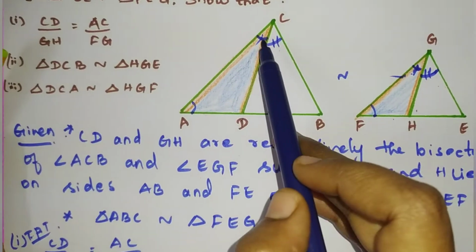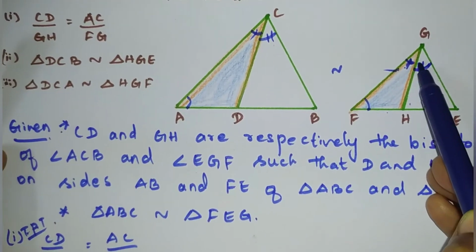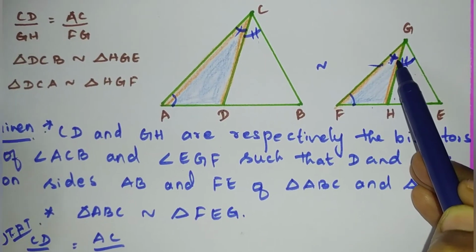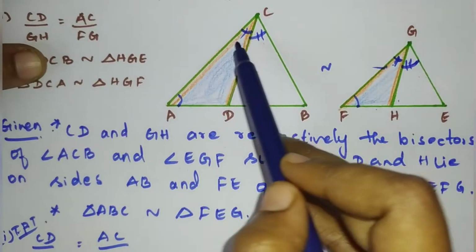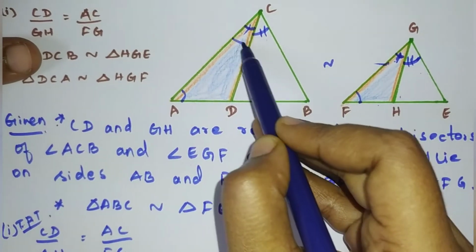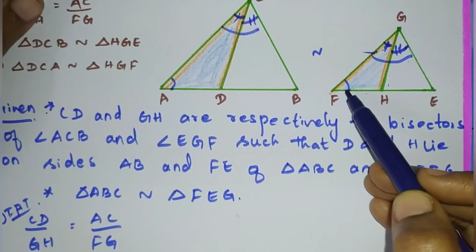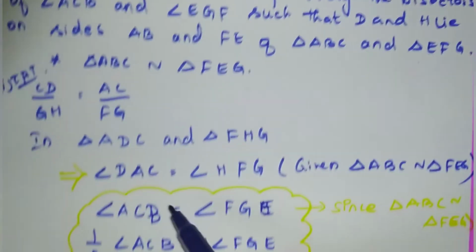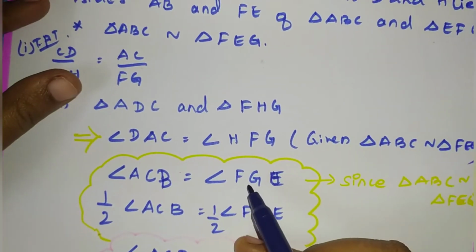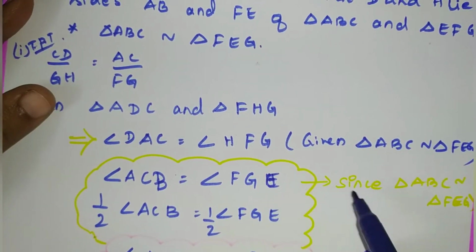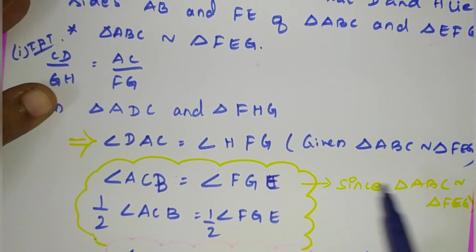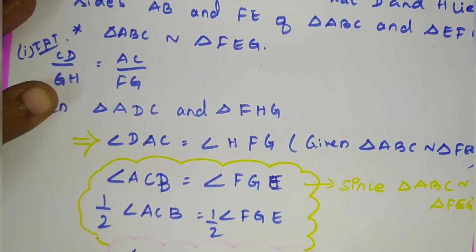Next we have to show that angle C is equal to angle G. How can we prove it? For that I am going to take the full angles ACB and FGE. Since the two triangles are similar, the angles are equal.